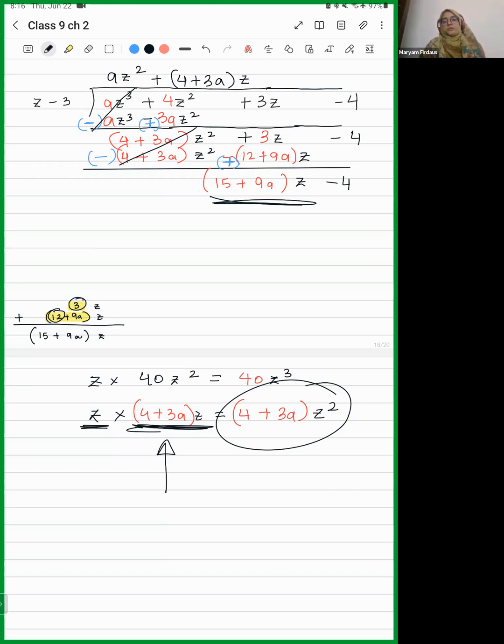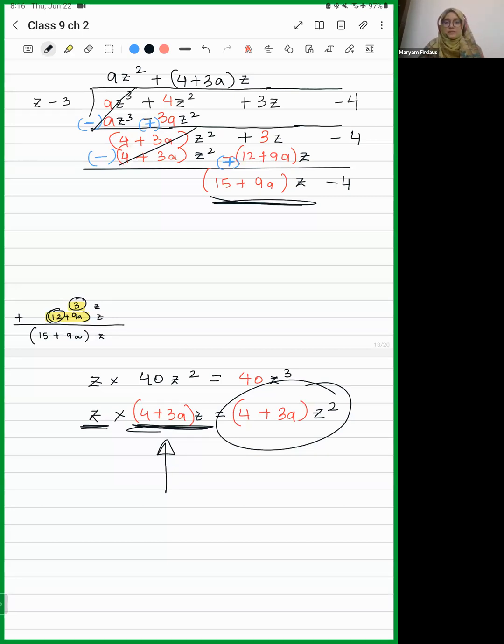Should I call everyone by name now? Come on, you're in 9th. Don't be shy of telling the answer. Z multiplied by what will give you this first term?